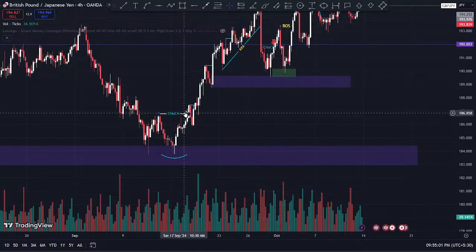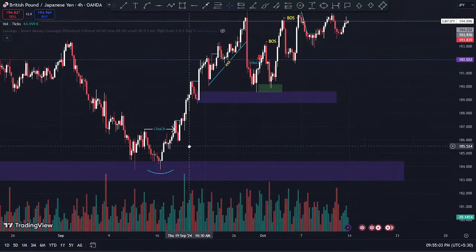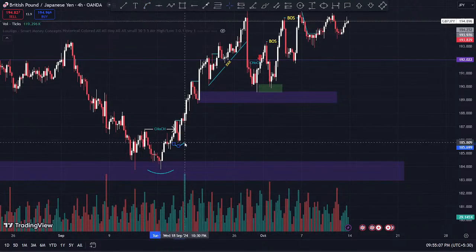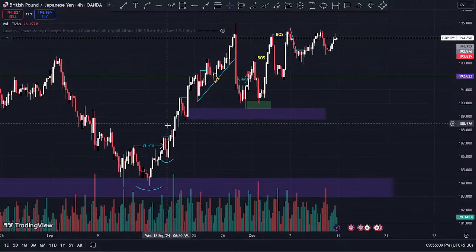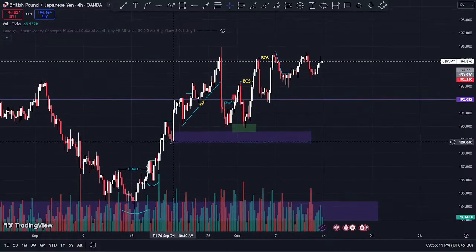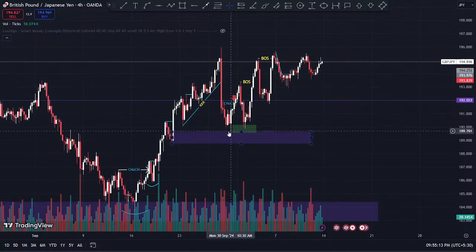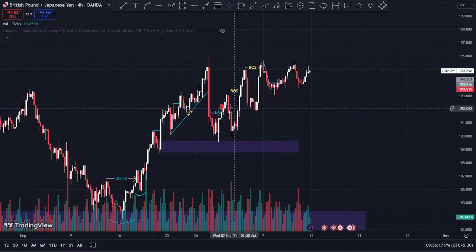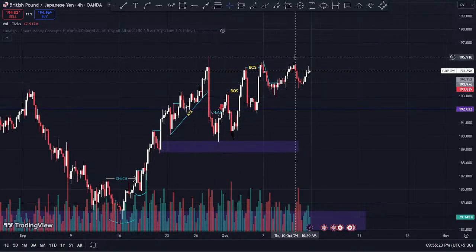Okay, break of fracture, strong low, this was a strong low. Break of fracture, valid demand zone reaction, change of character, respect of the zone, break of fracture.